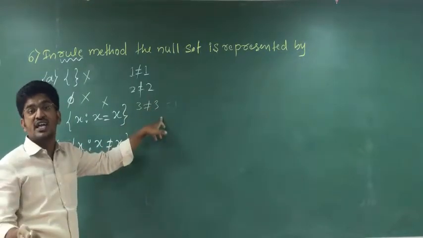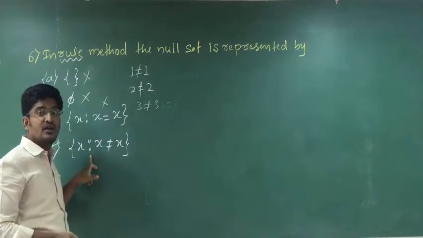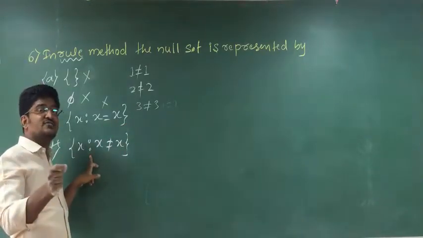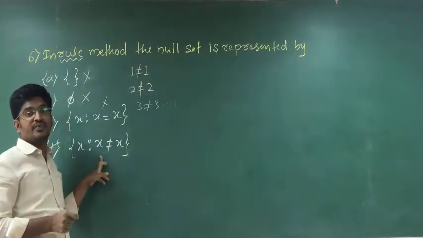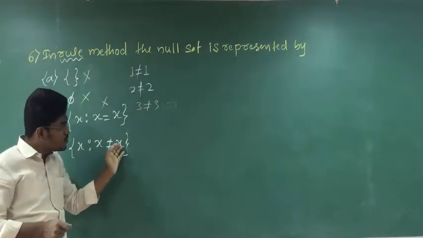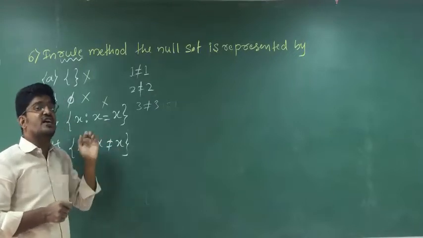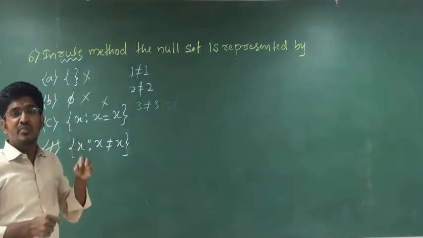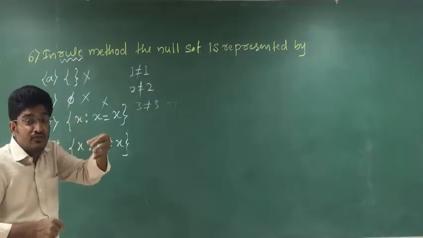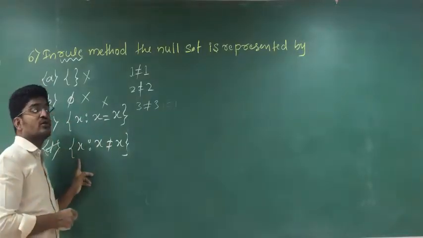If it is not correct, I can't write here. The condition which is satisfied, I can write here. What are they telling? x is not equal to x. That means a number which is not equal to itself. That kind of numbers you have to write here.